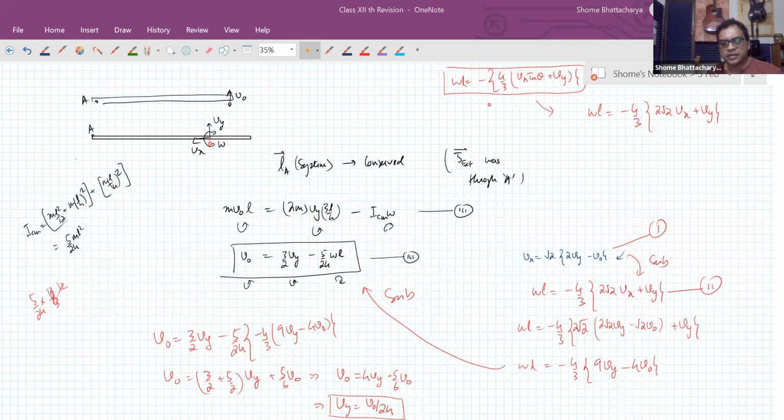So once we get that, next thing we have to do, Vx we'll have to find, let's say. So Vx will become root 2 into 2 Vy, so that is V naught by 24, minus V naught.